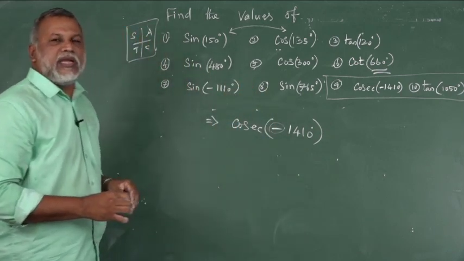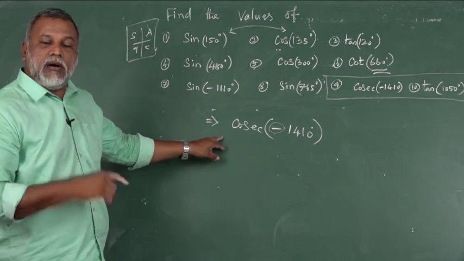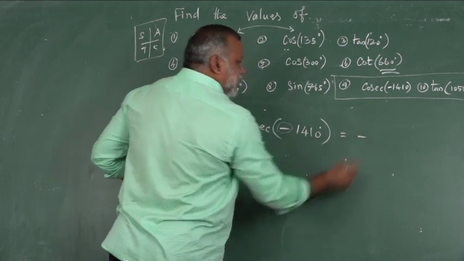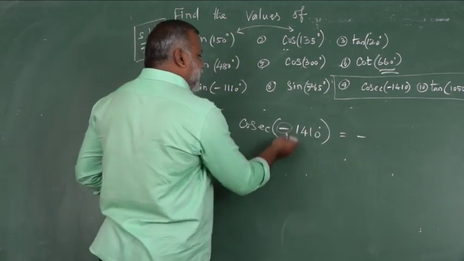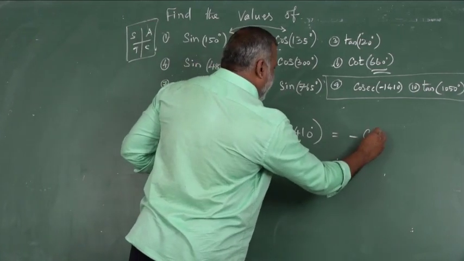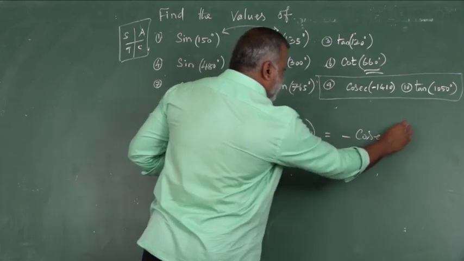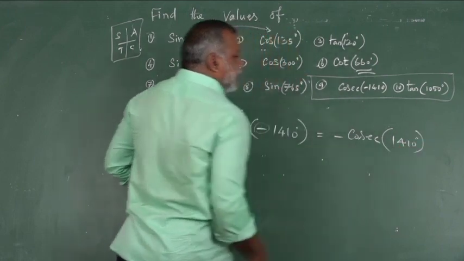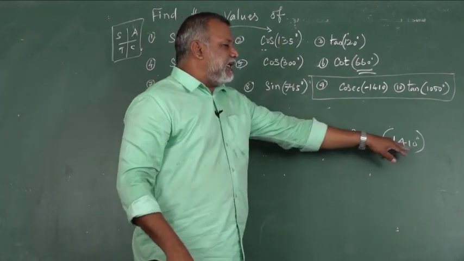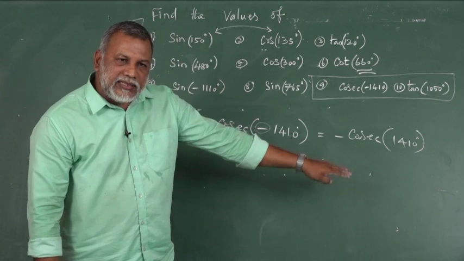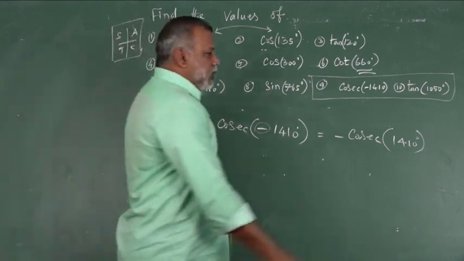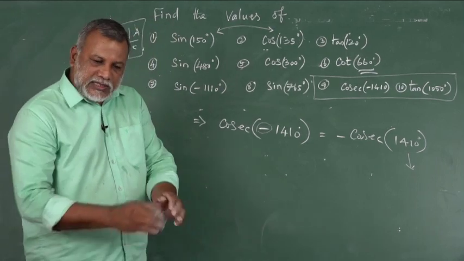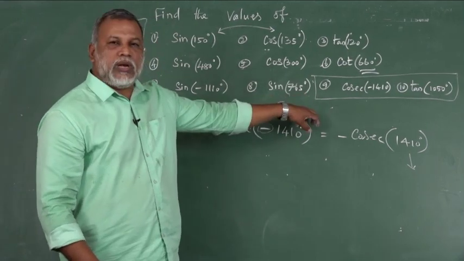Cosecant is an odd function, it will emit the negative. Therefore, it will come out first. Negative comes out: minus cosecant of 1410 degree. Now 1410 degree has 3 complete rotations. So from this remove 3 complete rotations. After that, split and find in which quadrant it lies.